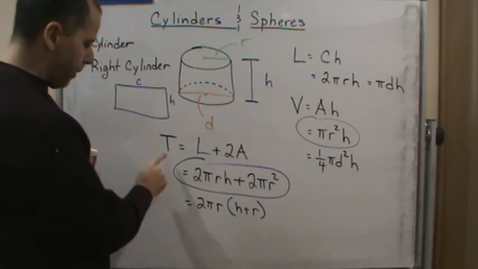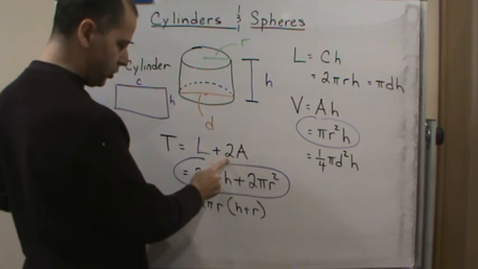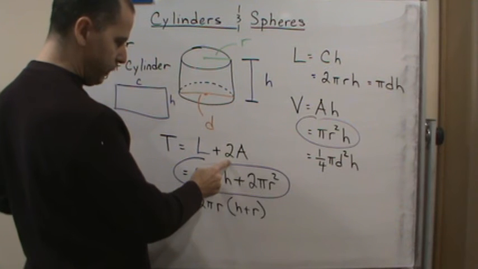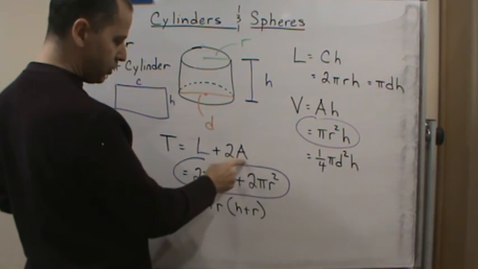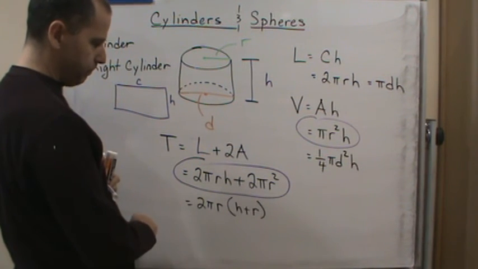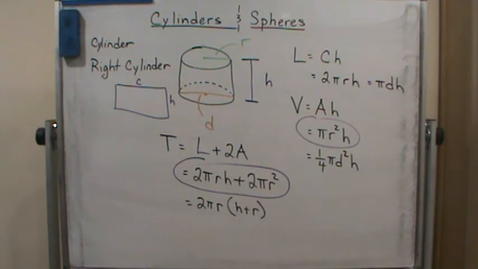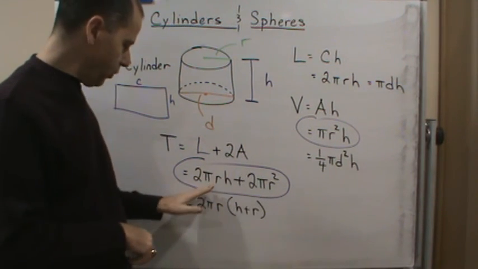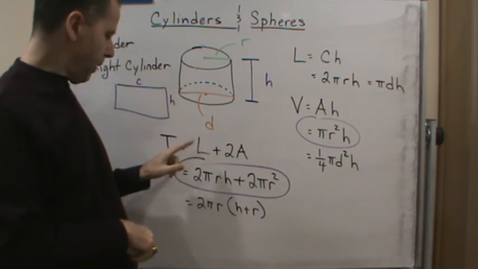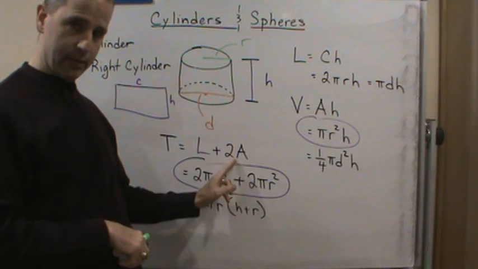Because if you just remember that total surface area is the lateral surface area plus the area of the two bases, since the bases are the same, you get twice the area of the base, okay? And it just goes into this formula here. So as long as you memorize some of the basic formulas, you can always build the formula. If you just remember total surface area is lateral surface area plus the area of the bases, okay?